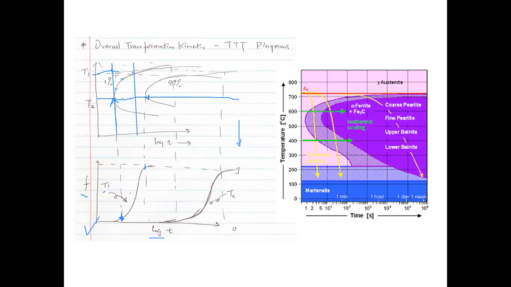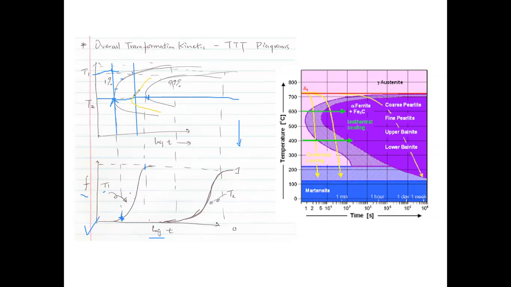if I compare T2 versus T1, at T2, at this temperature, I have 1% of the solid phase transformed, but I have nothing transformed at T1. Now if I look at a later time, for T2, which I didn't have a curve shown here, but I can do that quickly.